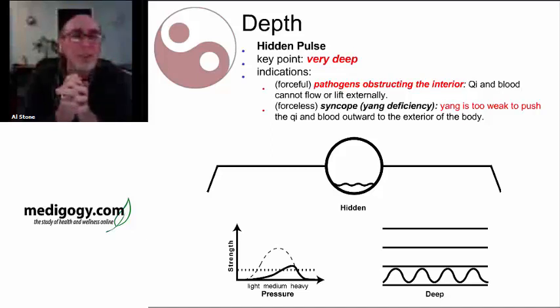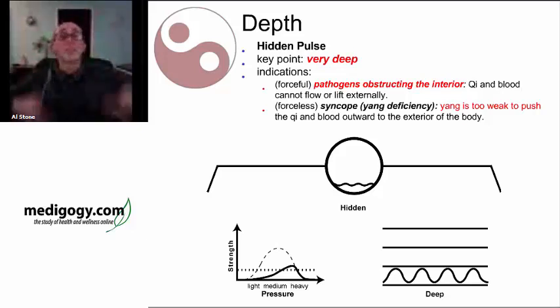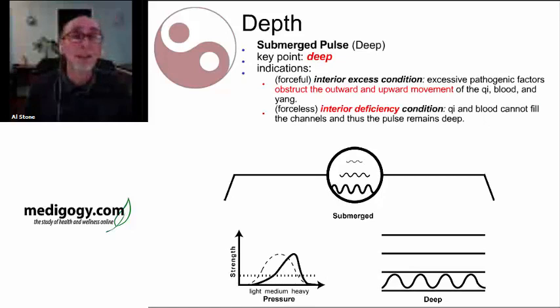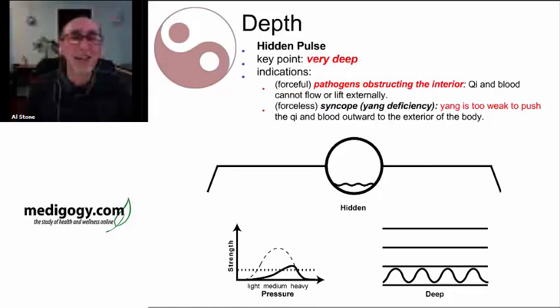You have a pathogenic factor obstructing the yang qi from rising in the case of a forceful pulse, or a really extreme yang deficiency, which gives rise to syncope or fainting spells. And that's because the yang is unable to rise and lift blood up to the head, and people go down easily. So the difference between the deep pulse and the hidden pulse ain't much. There. We've just simplified things ridiculously.